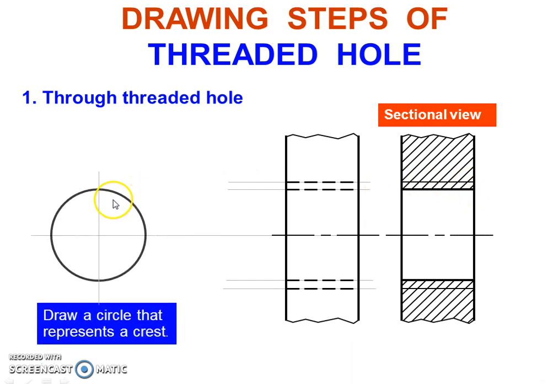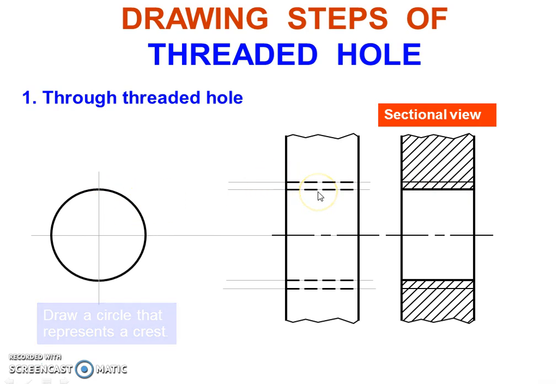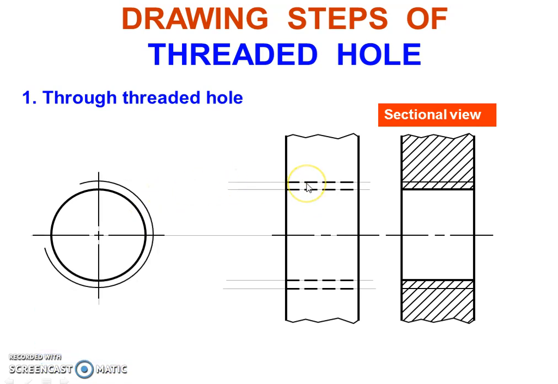Then for its other view, as it is an internal threaded hole, we draw a complete circle representing the crest of the hole and a 3/4 circle for the root of the threaded hole.